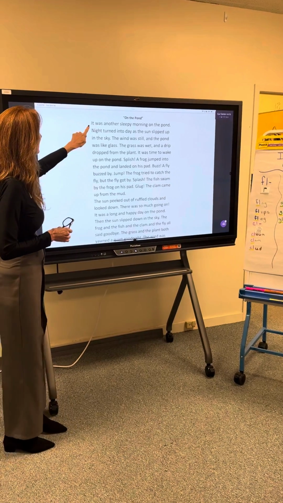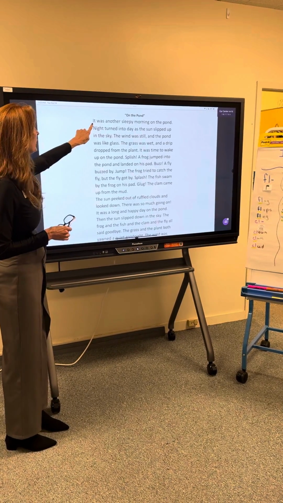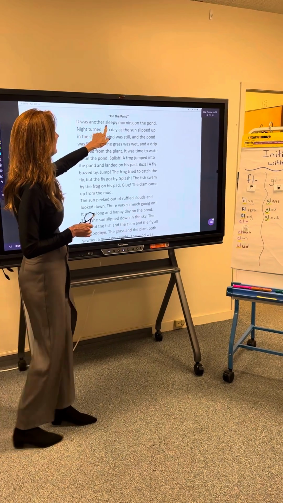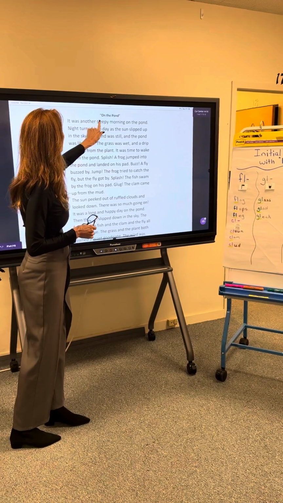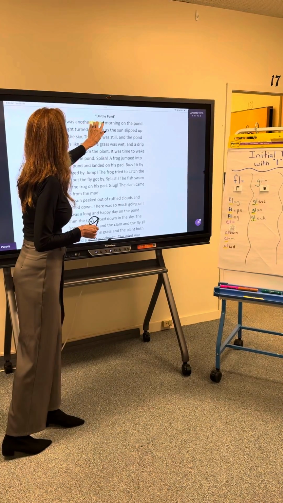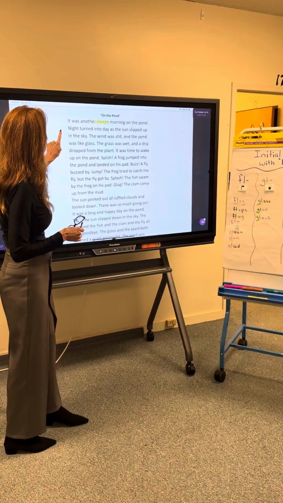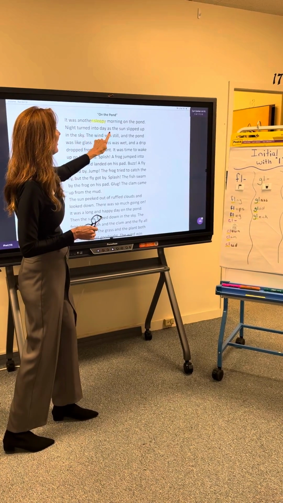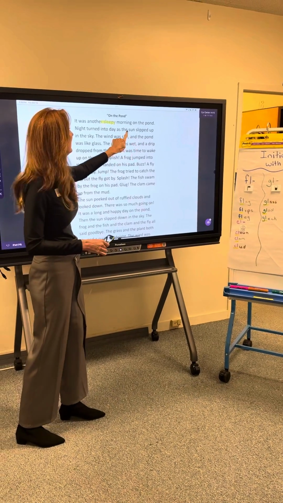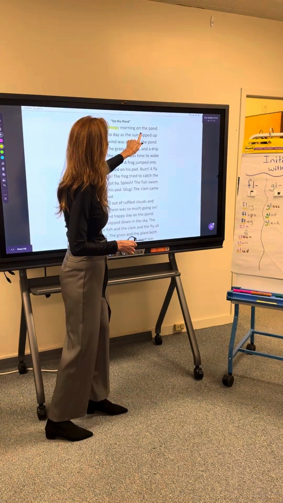I'm going to tell my students to put their finger on the first word in the first sentence. And it's it. As I move across, I see the word sleepy. Go ahead and highlight sleepy. Sleepy. And then I'm going to keep going across with my finger to see if I can find a word with a blend. I might have students who shout out and say, Dr. Shar, slipped. And I'll say, you're right, slipped.